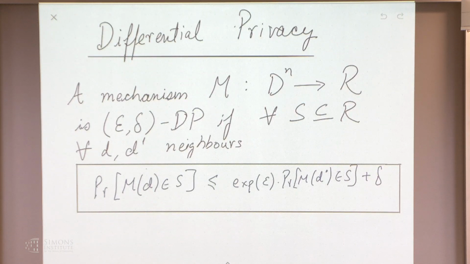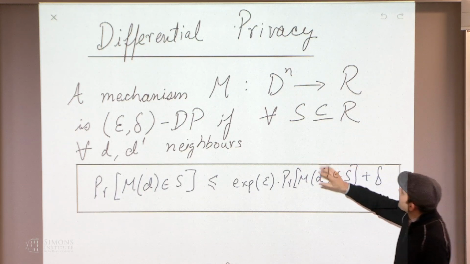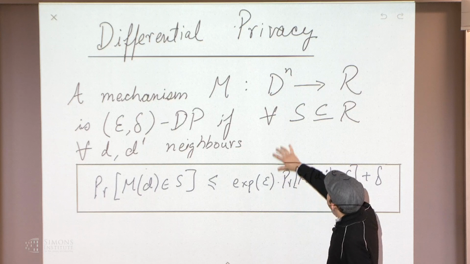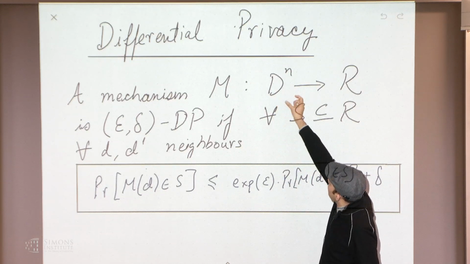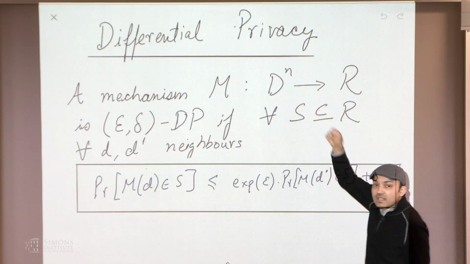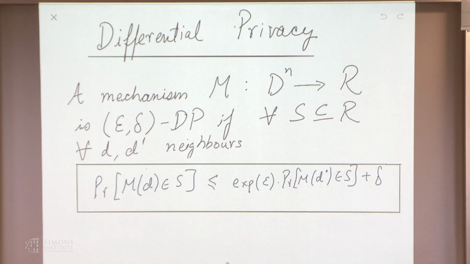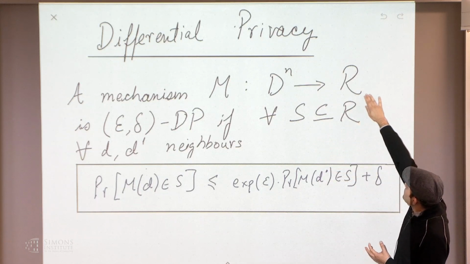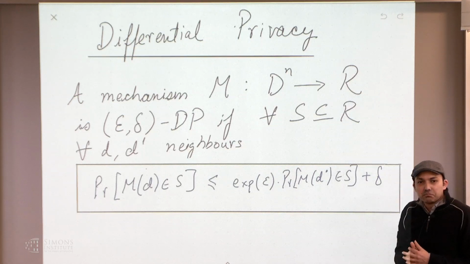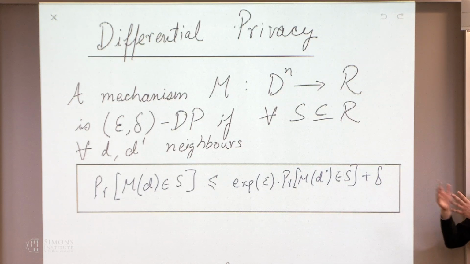Okay, so let's start again with the definition of differential privacy. We say a mechanism M, which will map a data set, so a data set is in D to the N, there are N people in the data set, each of them contributes an element of D. The mechanism will output something from some abstract range space R. And R can change between different mechanisms, of course.